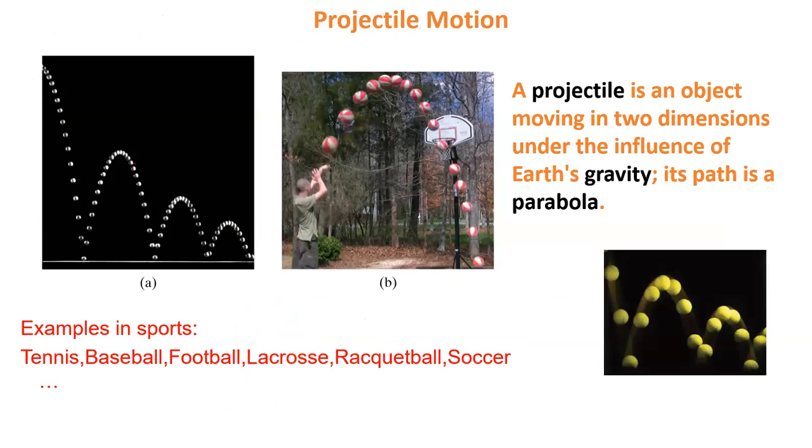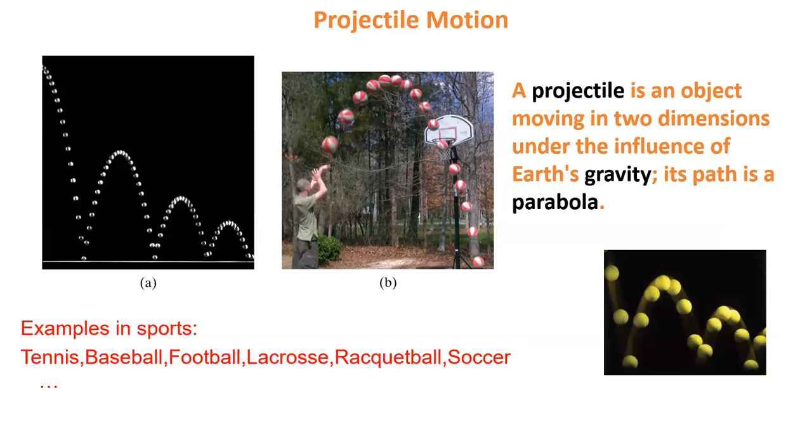And again, another very nice picture. Look at this photograph, right? Somebody is shooting a basketball, and this diagram shows the path of the basketball.